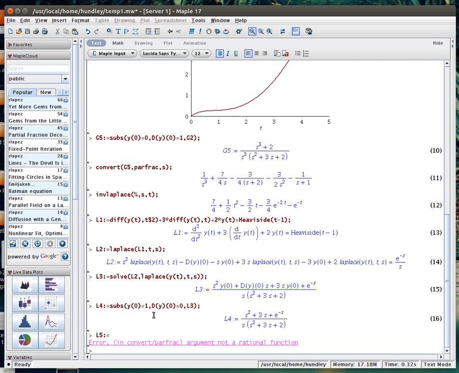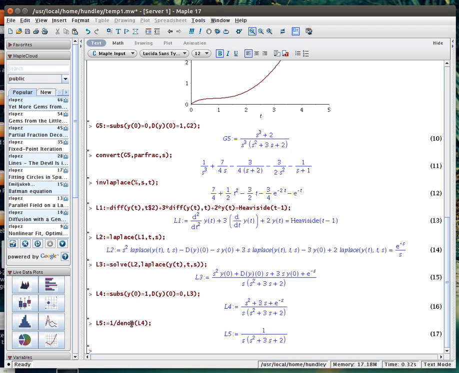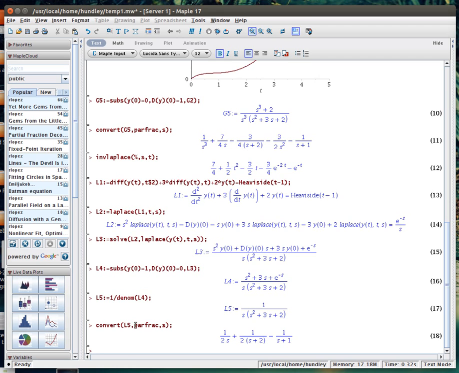In fact, let's just go ahead and do that. So 1 divided by, now you can use the denominator of L4. Let's see if that works. Yep. And so now I can do the convert L5 par frac S. Good. And so you see the partial fraction decomposition of this piece.